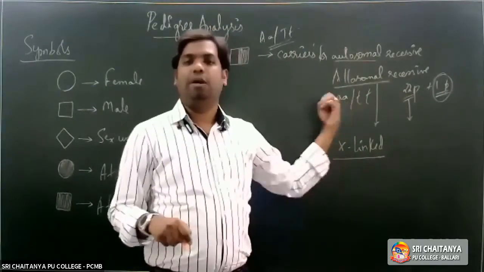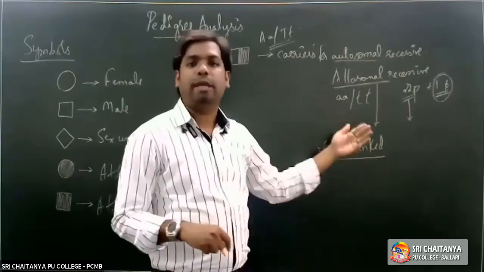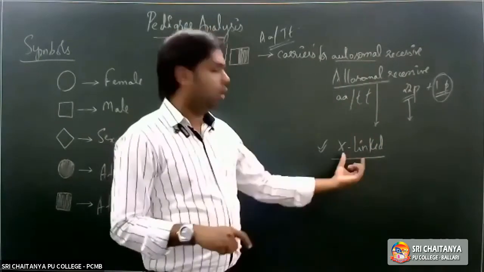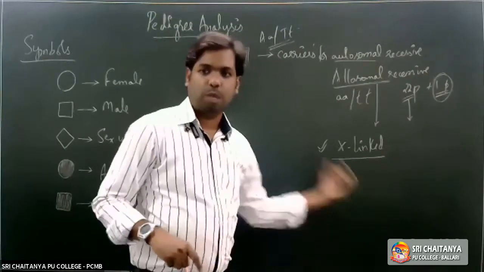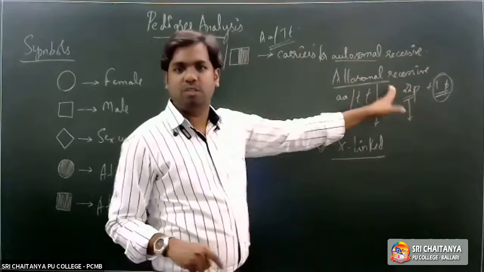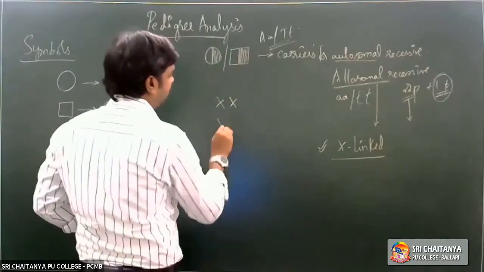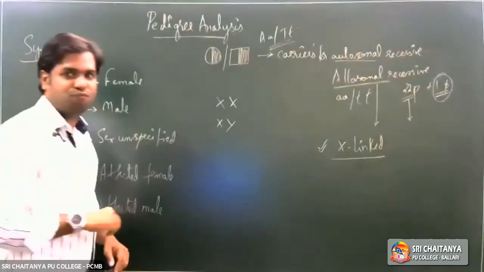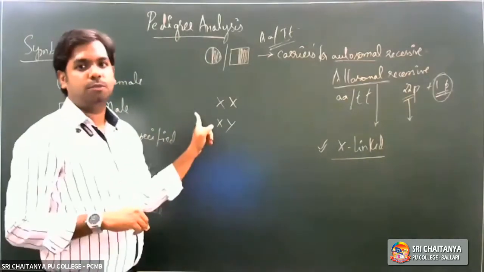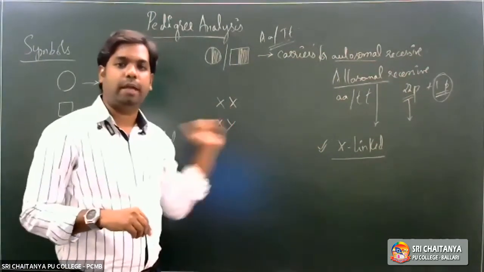Why do we call them X-linked disorders? Because we are referring to mutation of the gene located on the X chromosome. Now, what does allosomal recessive mean? We know that in humans the condition is XX in females and XY in males. So females have two X chromosomes. We are talking about genes present on the X chromosome.